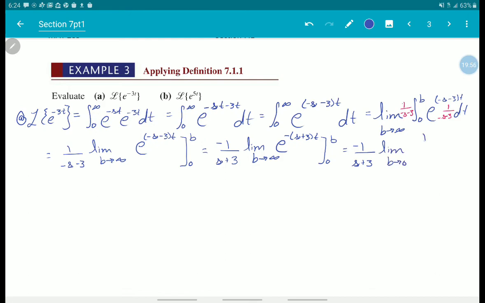And then we could rewrite this way. And keep in mind we're going from 0 to b. So now let's plug those limits in and use that fundamental theorem of calculus.